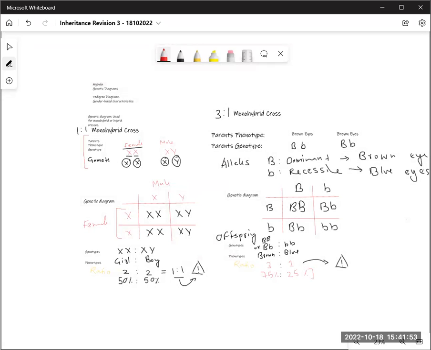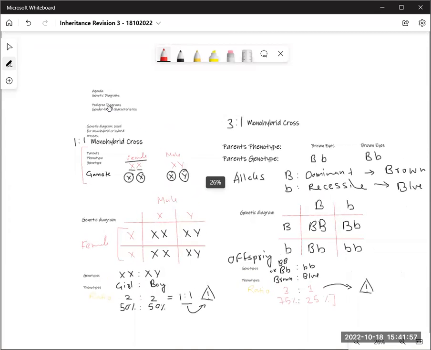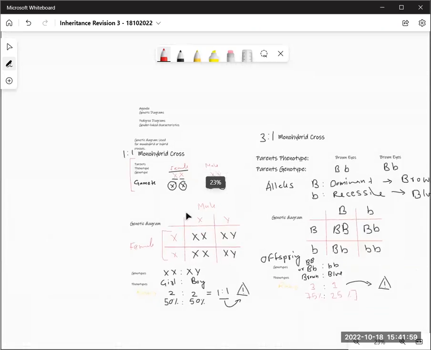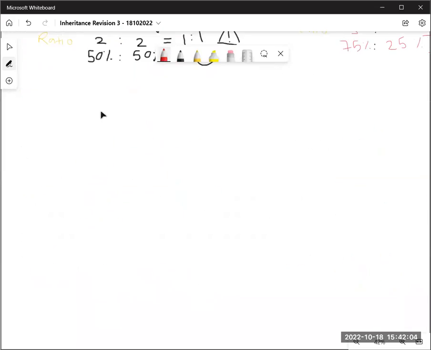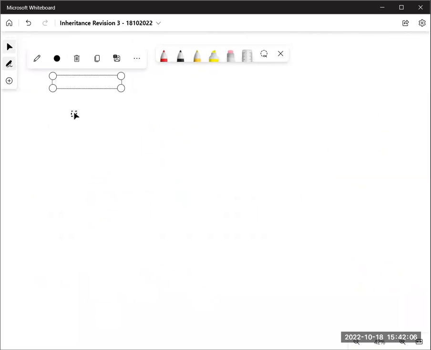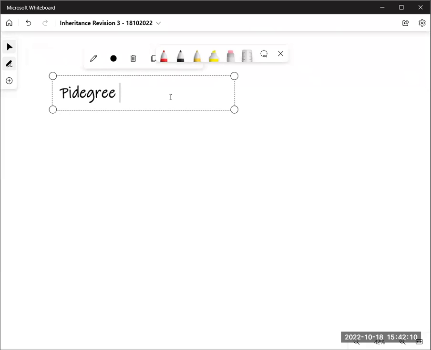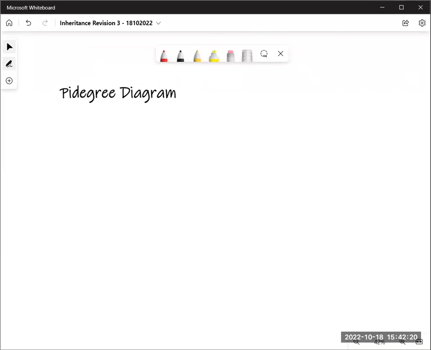The next thing is, let's look at a pedigree diagram. What is a pedigree diagram? We know genetic diagrams are done. This is a pedigree diagram. I'll give you a question from the past papers.